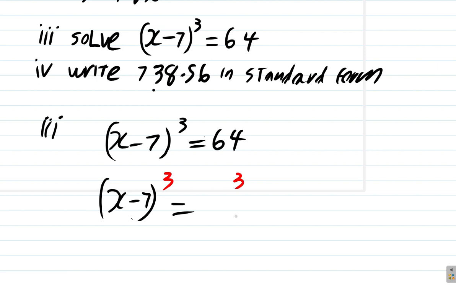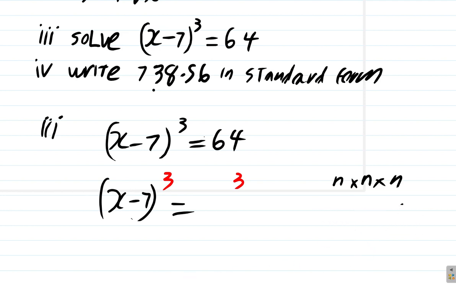The question is, which number do you raise to the power of 3 to get 64? Whatever number it is, you remember that you're going to have 3 of those numbers and you multiply them, and you will get 64 as the answer. If you try, let's see, 1 by 1 by 1. Well, that's 1, it's not 64.